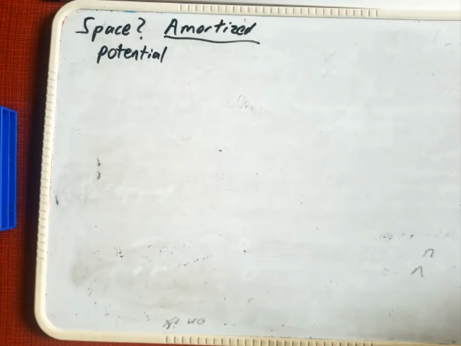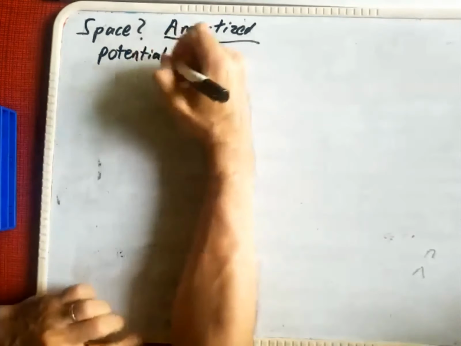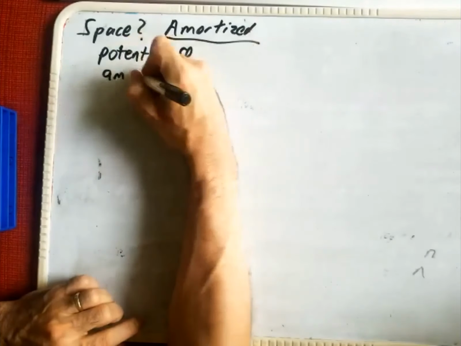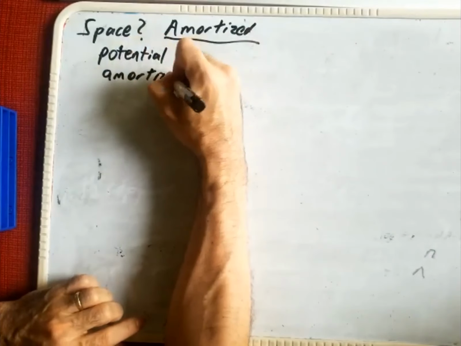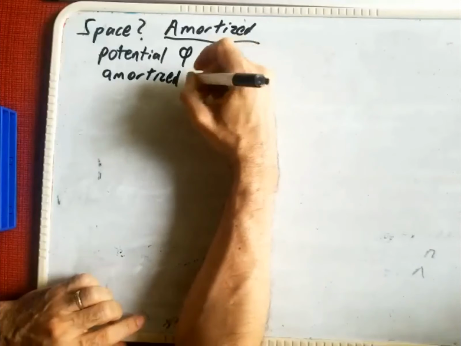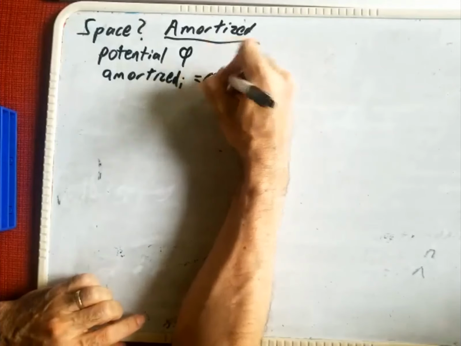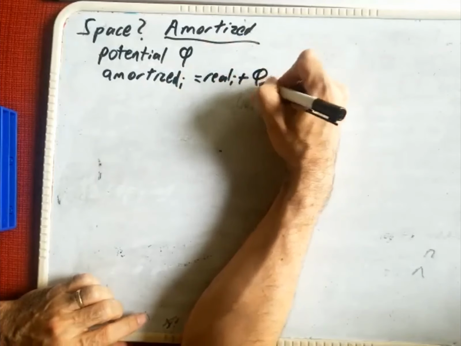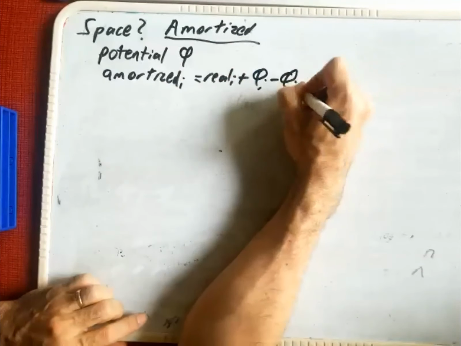So if we think about it, what is a data structure that has a lot of space for updates? While you think about that, remember that once we define a potential function phi, we can define the amortized cost of an operation as the real cost plus the ending potential minus the starting potential.